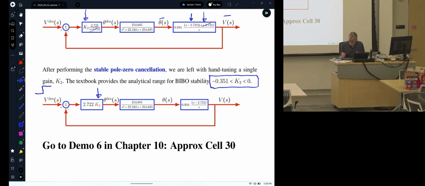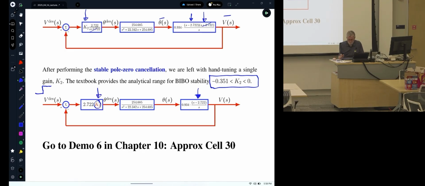And because you guys are beginners, where you would start with this, you say, well, I'm just going to set it equal to 1. But notice it has to be negative for the closed loop to be stable. And it's because of this zero that's over in the right half plane, which makes the DC gain here negative. And so K2 needs to be negative to make this whole thing a positive.